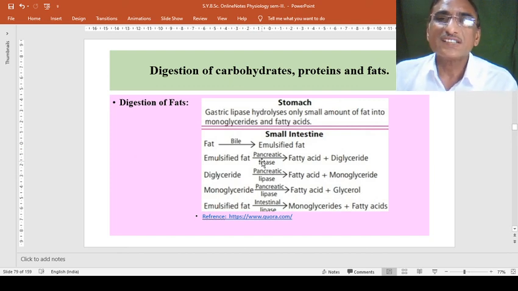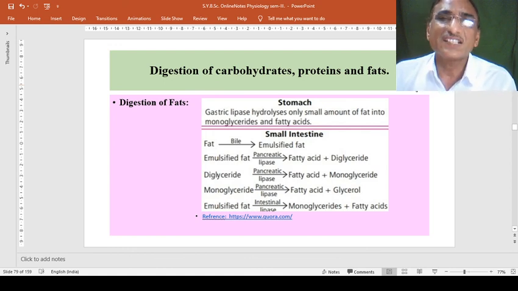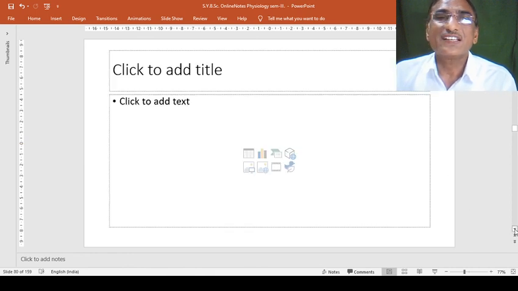So these are the digestive juices which convert the food materials into simple molecules, making it easy for absorption through the intestinal wall. This is about the pancreatic juice, bile juice and intestinal unicellular gland cells which secrete the juices. And in this way the digestion in the intestine is completed here.